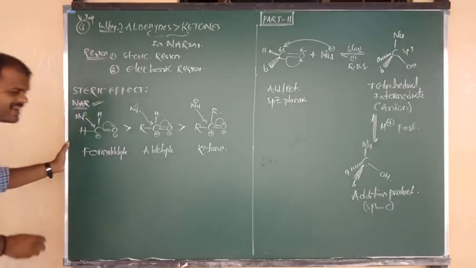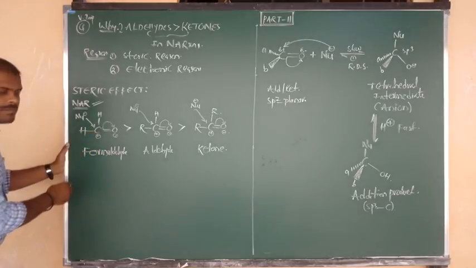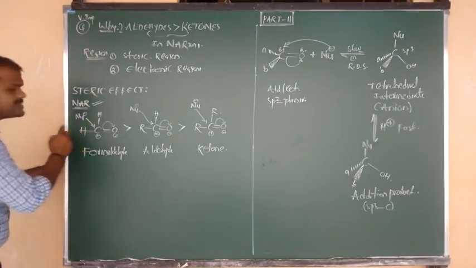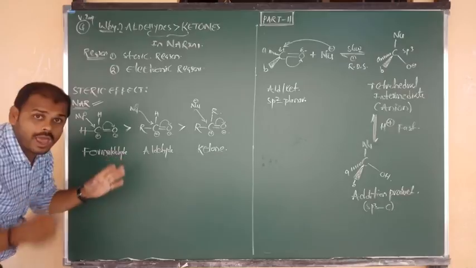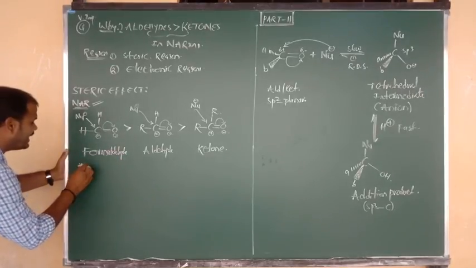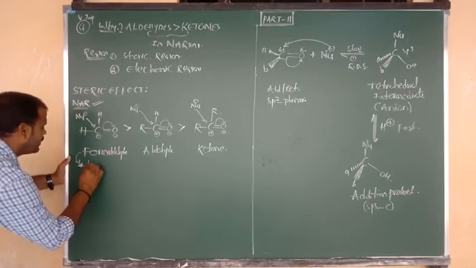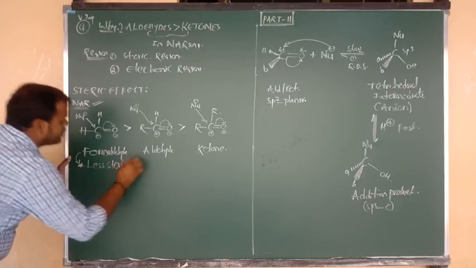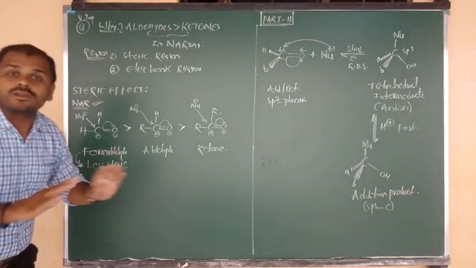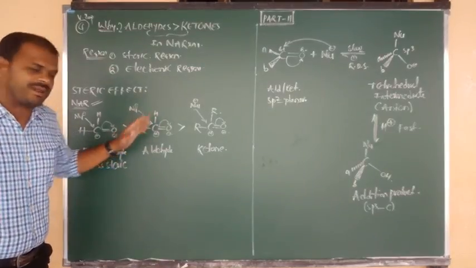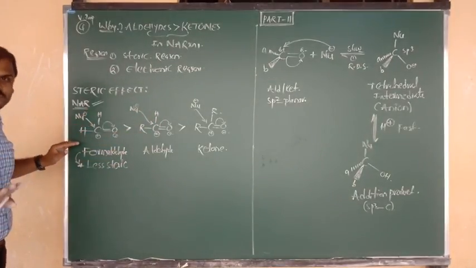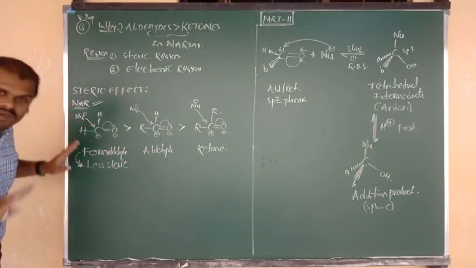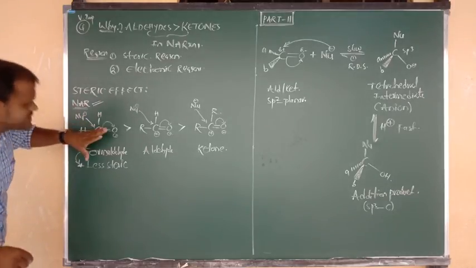I hope you understand. Around the carbonyl carbon there are H atoms, meaning no bulky alkyl group. So we can say formaldehyde is a less steric compound, meaning no repulsion, a very free compound. Due to less repulsion and absence of bulky groups, nucleophilic addition takes place easily.